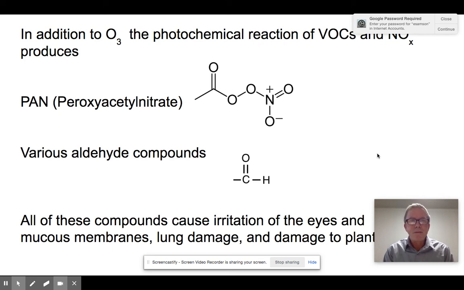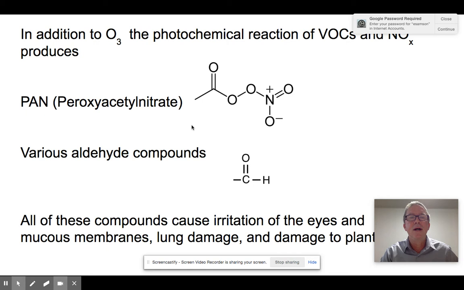So let's just talk about these other ones. We have peroxyacetyl nitrate, which basically is this, and then you can connect this to some other carbon or some other atom. Basically this functional group, when added onto some other atom or molecule, is not good for us.